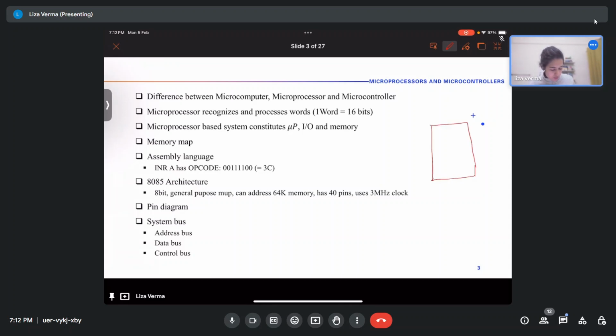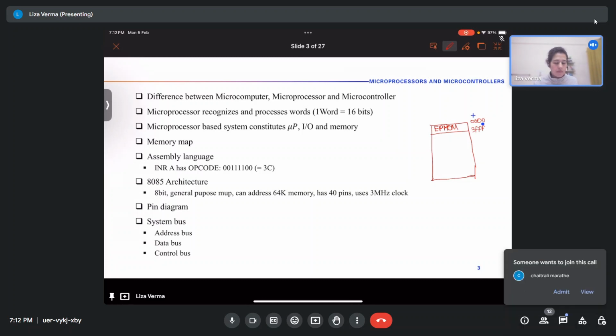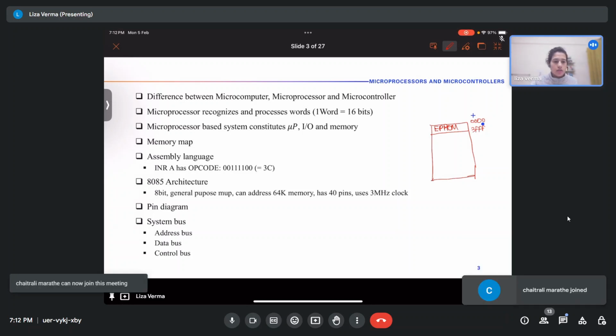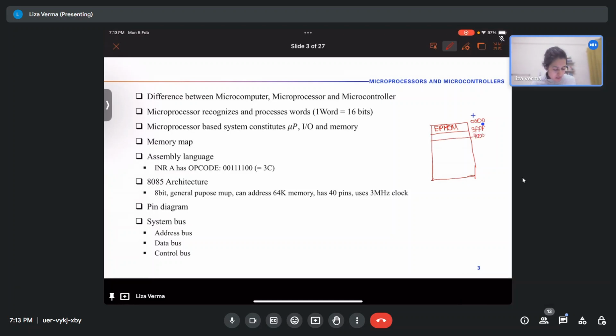It is divided into EEPROM, that is from 0000 to 3FFF. What is stored in these sections of the memory, EEPROM, RAM1, RAM2, will be discussed in subsequent lectures, so that is why it was not discussed here. From 3FFF to 400 is blank.